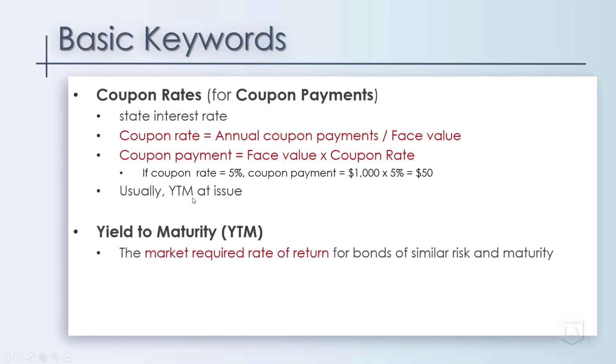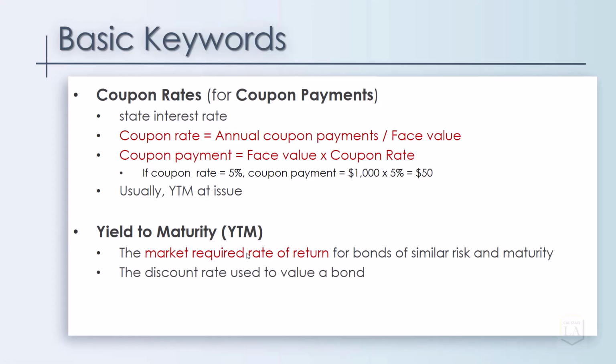Once again, yield to maturity is the market required rate of return, or what's the prevailing rate of return for bonds of similar risk or characteristics and maturity, and so on. So all these similar investment vehicles, how much rate of return would investors require or expect from them? That's the yield to maturity.